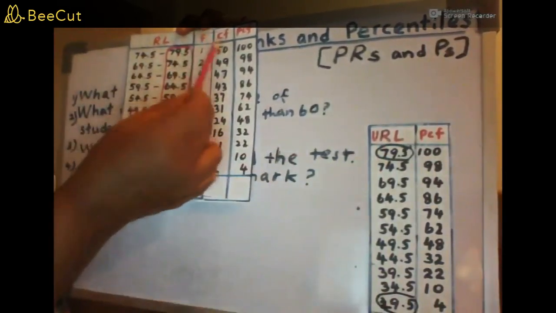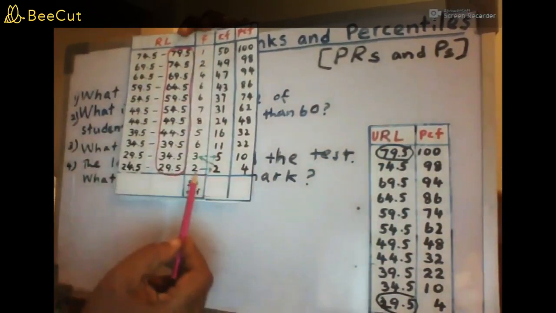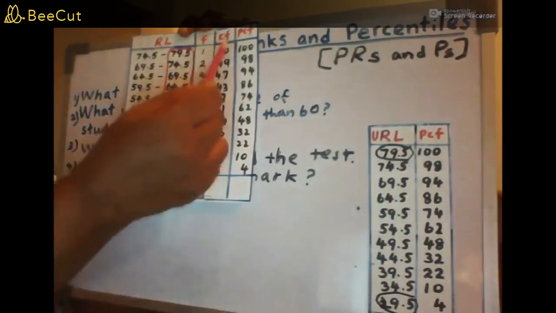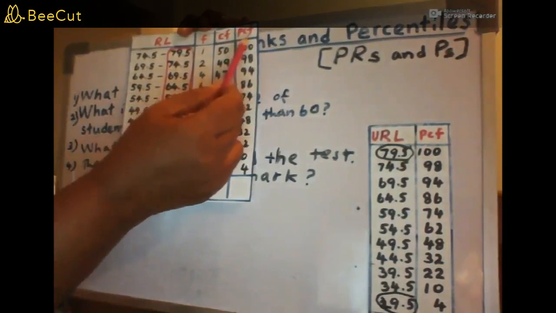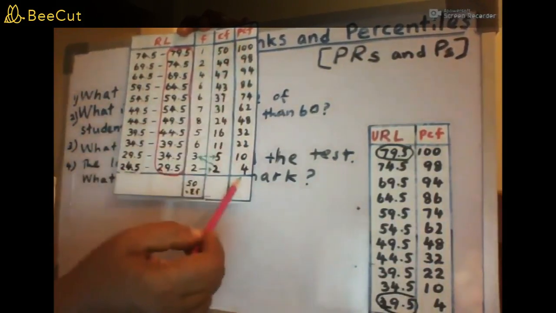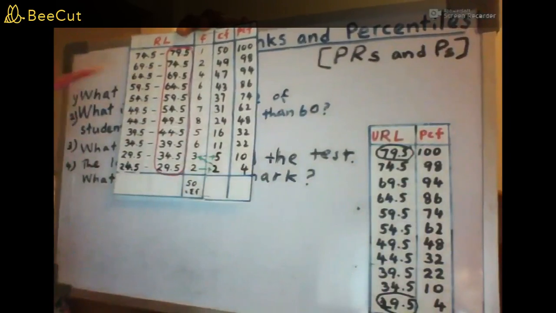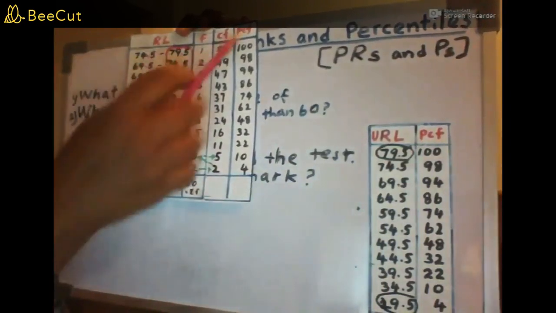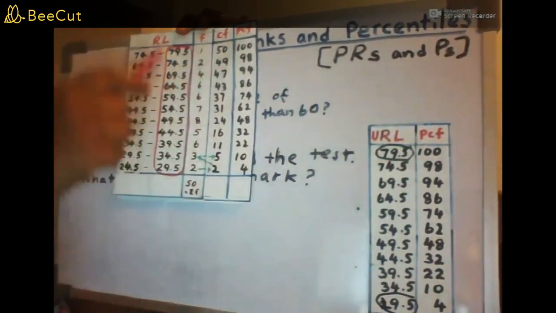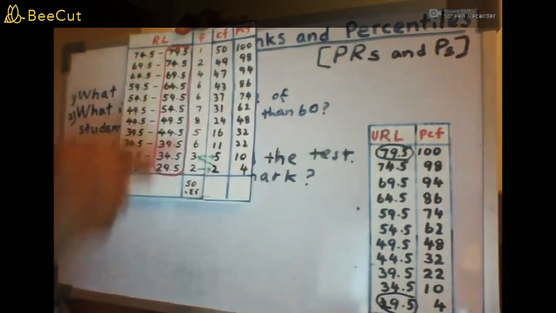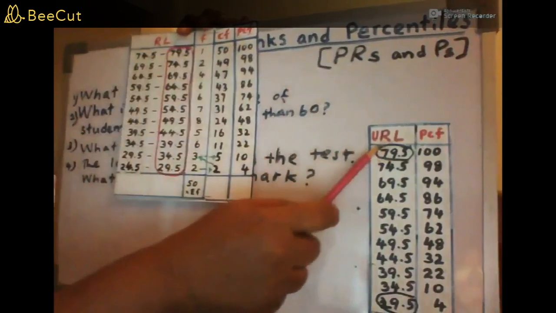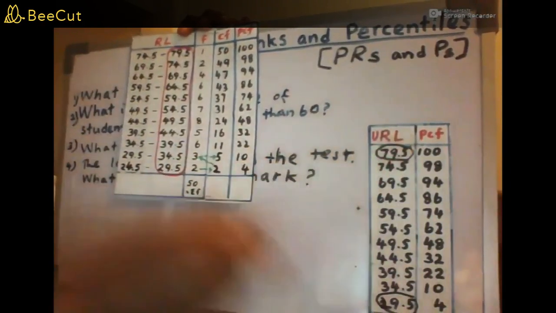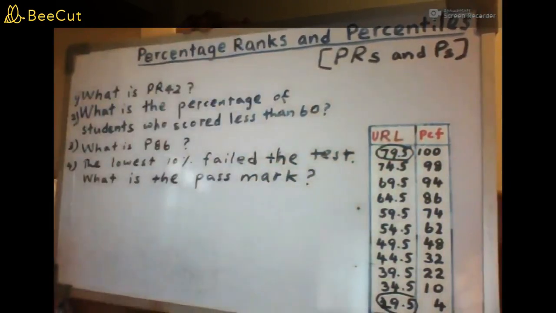We know how to calculate the cumulative frequencies, and then you get the percentage cumulative frequencies, PCF. So to get the percentage ranks and percentiles, we have to have two columns, upper real limits and PCFs.